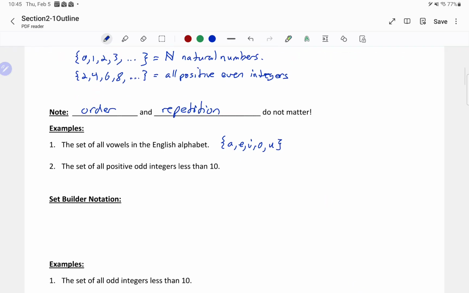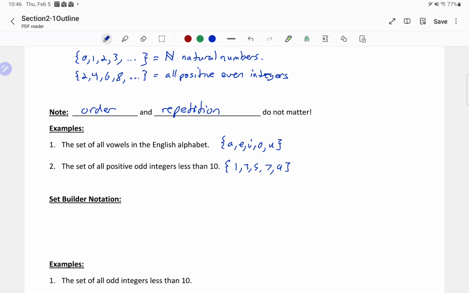Okay. So, or let's say the set of all positive odd integers less than 10, right? So 1, 3, 5, 7, 9. Now, what have I done here in these examples? I've taken some sort of description and then I have written it in some sort of set notation.